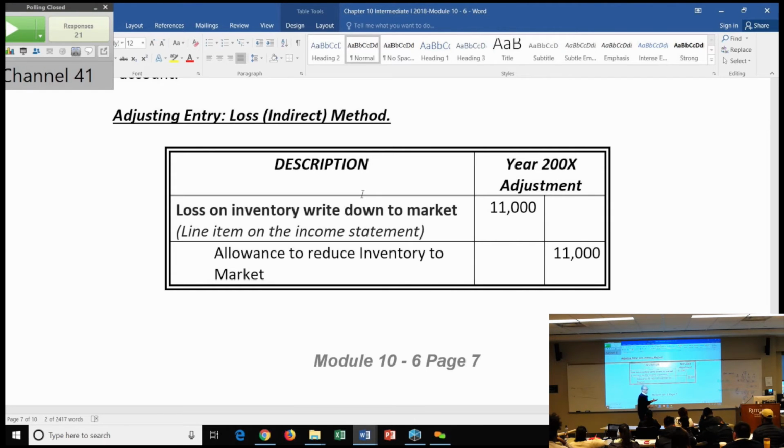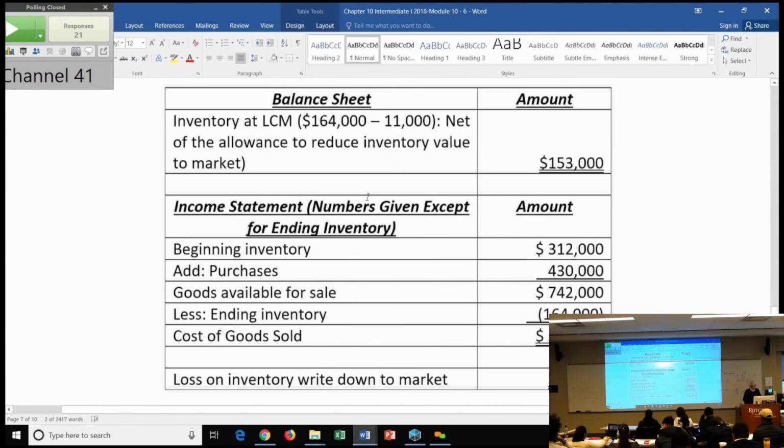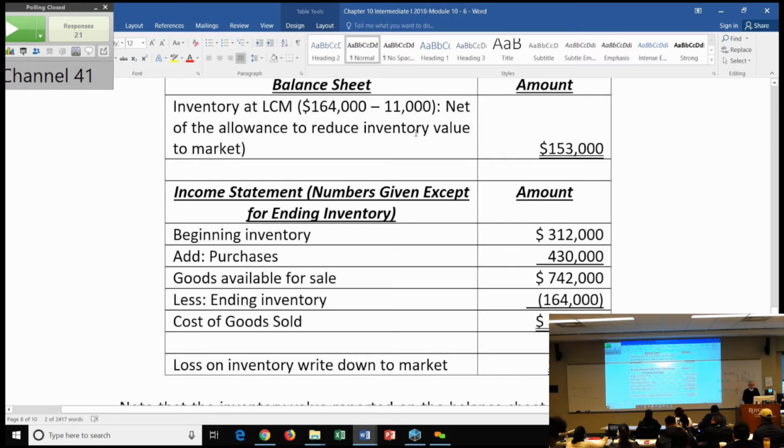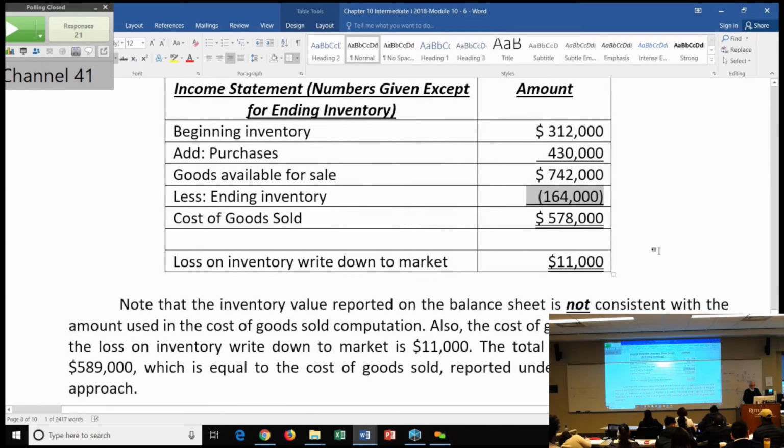The problem, of course, is not a big one, but when you look at the balance sheet, that stays the same. You write that down. But on the cost of goods sold, you would use the inventory before the loss.